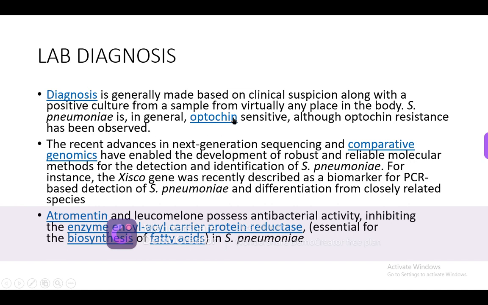In the majority of cases, it is oxygen sensitive. Or bile: if you put bile, it will engulf the colonies.